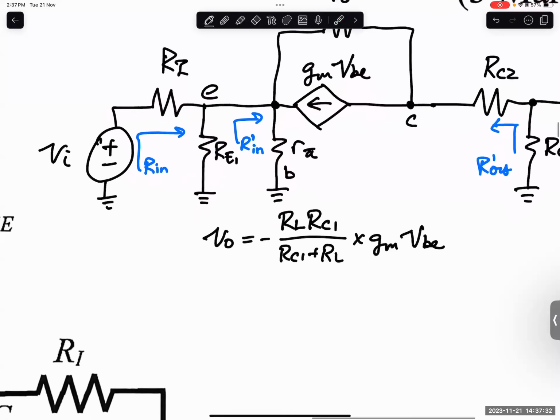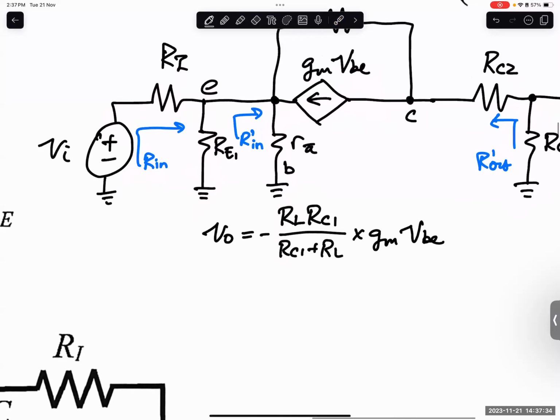If I do parallel with RE1 up, in this case we can just do VE first, just to be a bit shorter. But let me see, maybe there's a better way. Yeah, cannot. Okay, so VE.